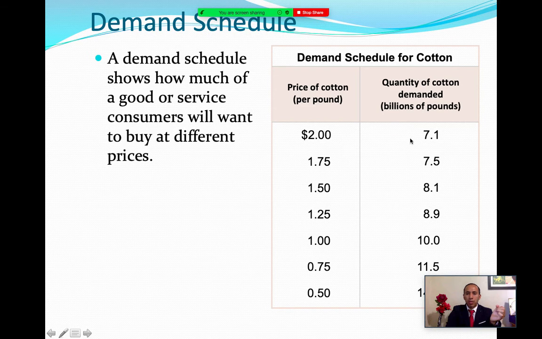At $2, the quantity demanded by the consumer is 7.1 units. At $1.75, quantity demanded is 7.5. And at $1.50, quantity demanded is 8.1. If you notice, we have what is called an inverse relationship. As the price drops, quantity demanded increases.